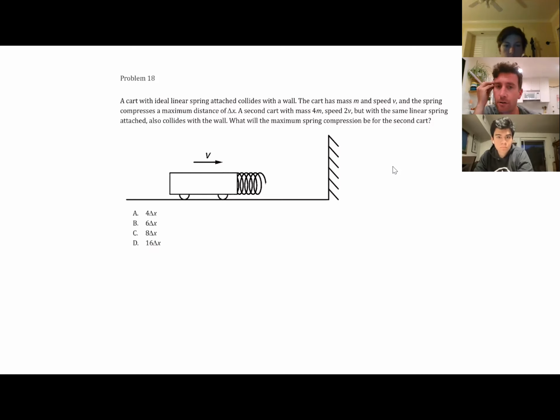A second cart with mass 4m and speed 2v, but with the same linear spring attached, also collides with the wall. What will the maximum spring compression be for the second cart? Ooh. See if you can solve this one out.